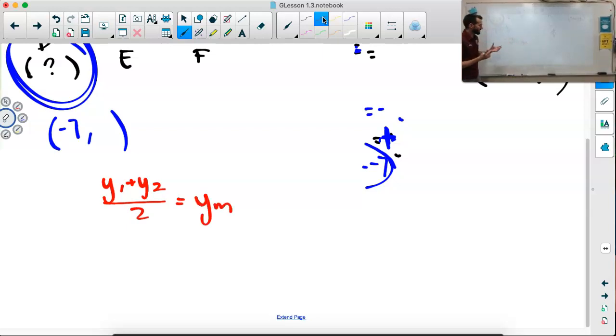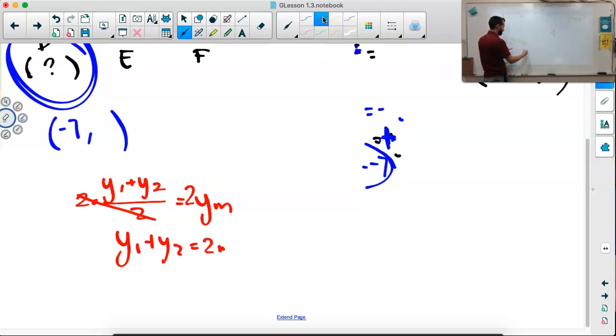Let's say I wanted to take this and I wanted to just manipulate it to solve for one of these, and it doesn't really matter which one I solve for. Every single time, I'm going to multiply by 2 like you guys saw me do on both sides. And then I would, y1 plus y2 equals 2y sub m. And then I would subtract y2 or y1.